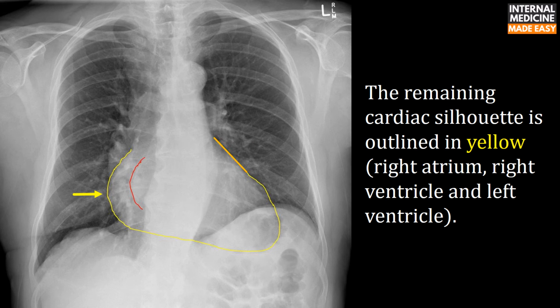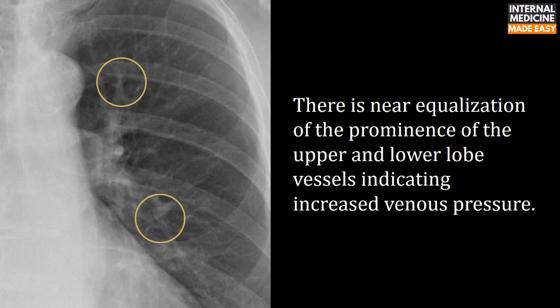The remaining cardiac silhouette is outlined in yellow: right atrium, right ventricle, and left ventricle. There is near equalization of the prominence of the upper and lower lobe vessels, indicating increased venous pressure.